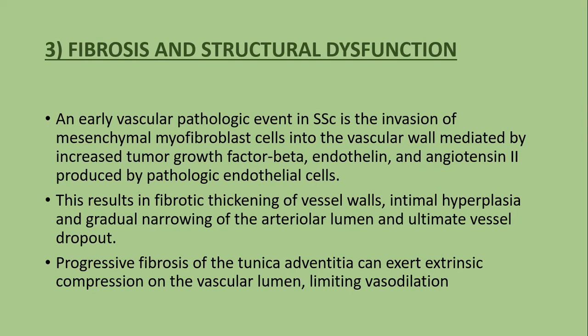This results in fibrotic thickening of the vessel wall, intimal hyperplasia, gradual narrowing of the arteriolar lumen, and ultimately vessel dropouts. This progressive fibrosis of the tunica adventitia can exert extrinsic compression on the vascular lumen, which also limits the vasodilatation response.